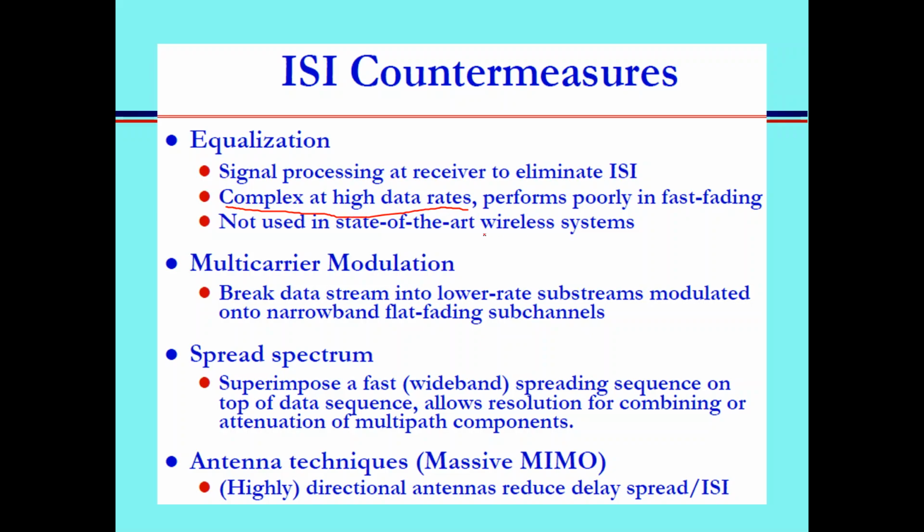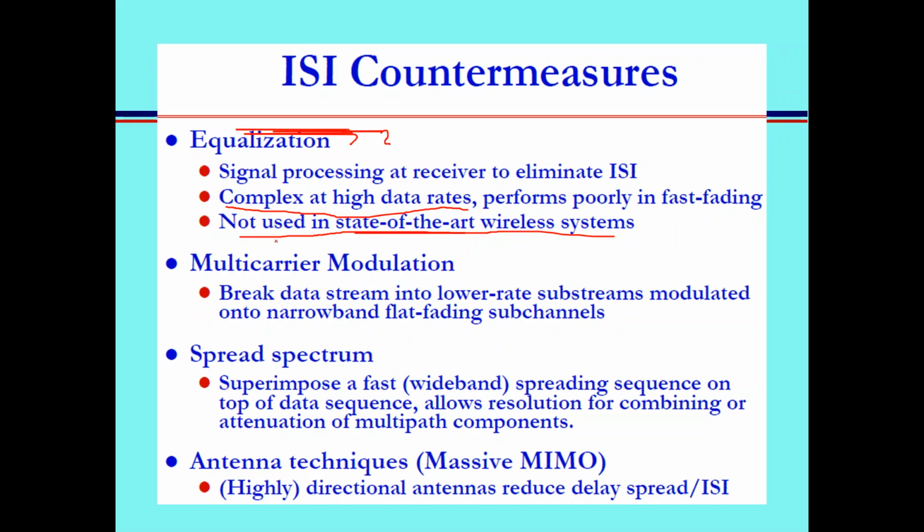That's why it's very complex, and we used it just in 2G and 3G. After that, in 4G, we stopped using these types of equalizers, and we use new types of equalization that are performed in the frequency domain, where they are much easier.